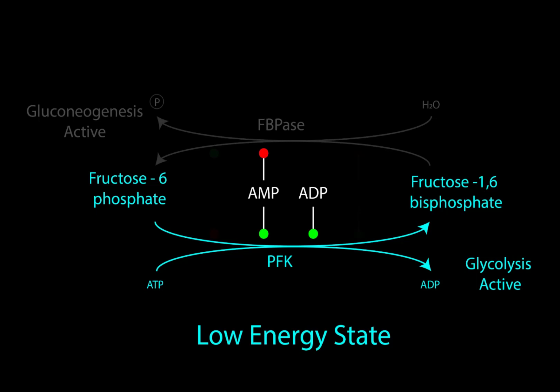So the way that this works is that both of them are activators of phosphofructokinase. So when they bind to PFK, it activates the enzyme, making glycolysis more active. AMP also is a potent inhibitor of FBPase, which prevents the pathway of gluconeogenesis.